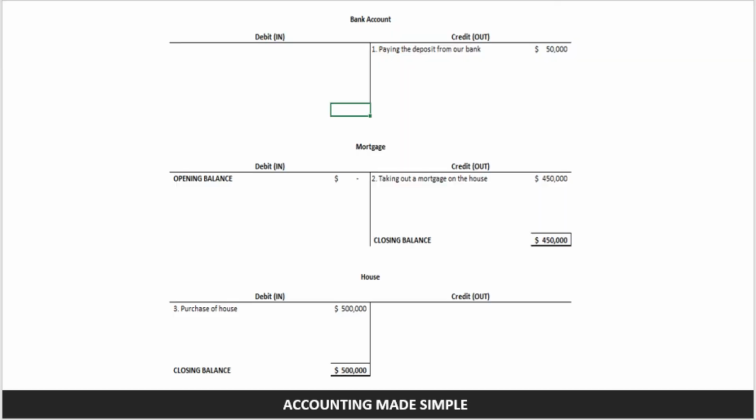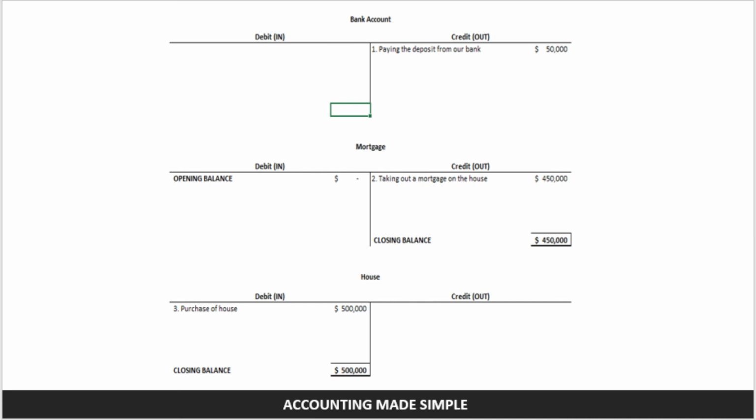Firstly, how would we record this using debits and credits? The principle is exactly the same as the entries when we bought a car. Here we have the bank account. The first thing we do is pay the deposit from our bank. So we record $50,000 on the credit or the outside of our bank account.